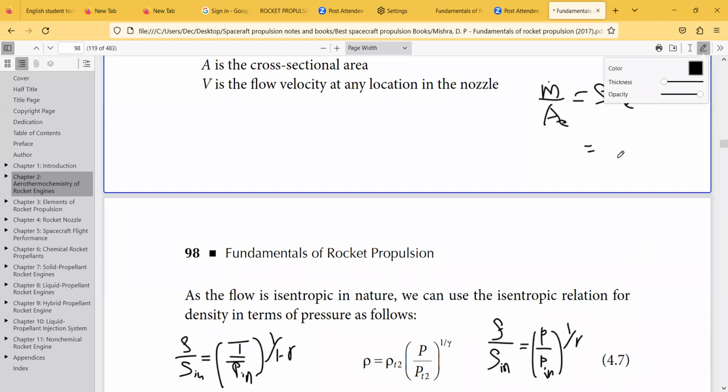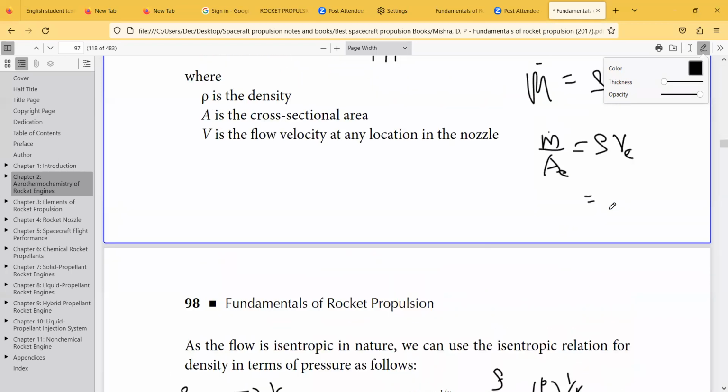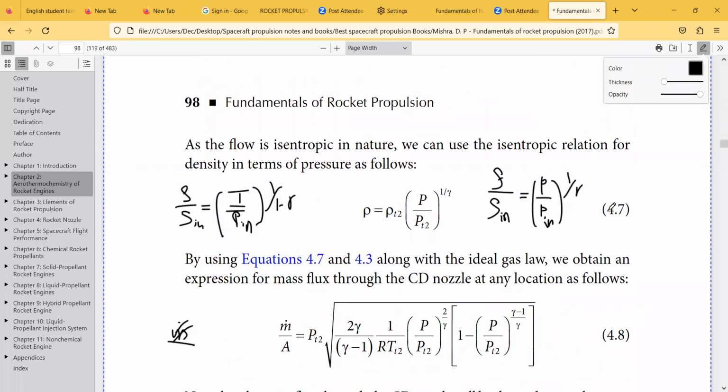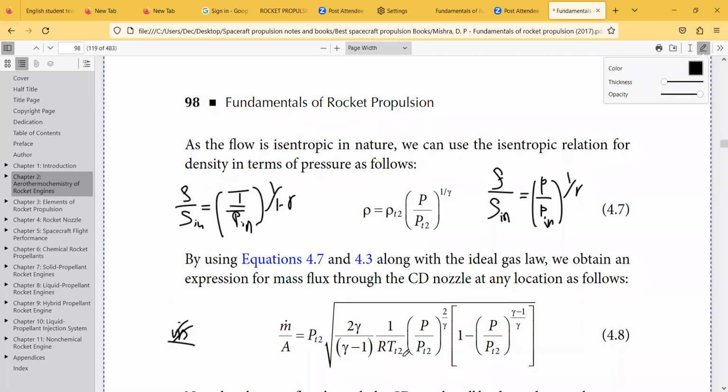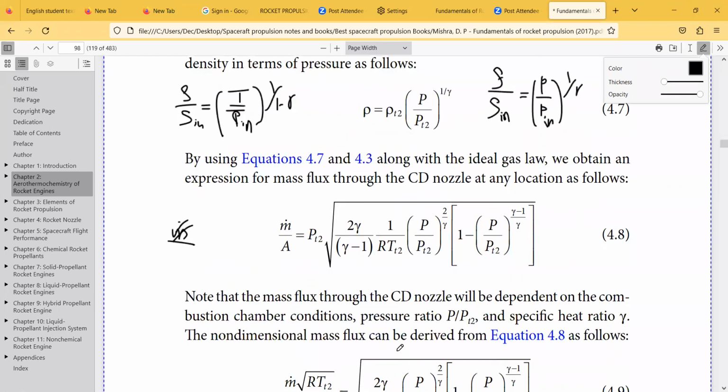So finally that relates us to the density. So we have 1 over R T2. That is just relating the density, pressure, and the mass flow rate equation.